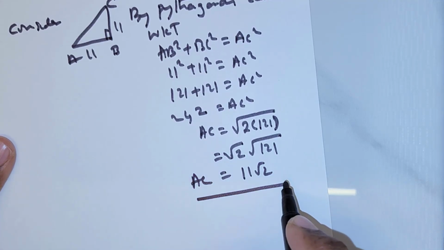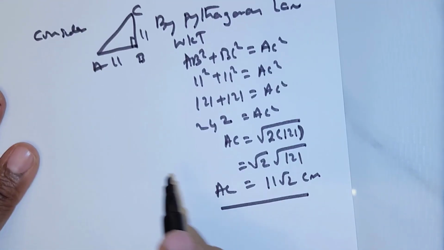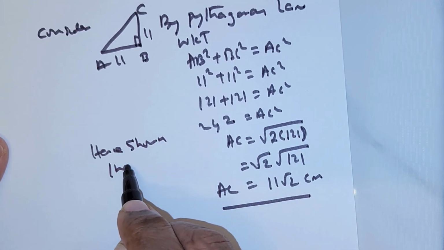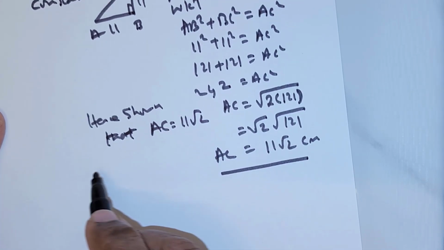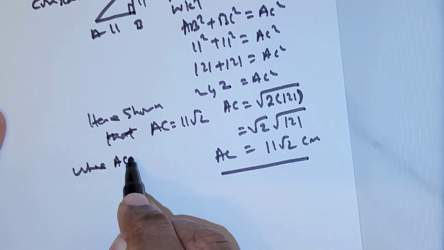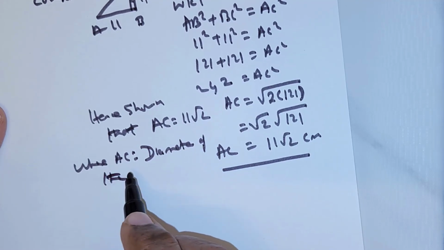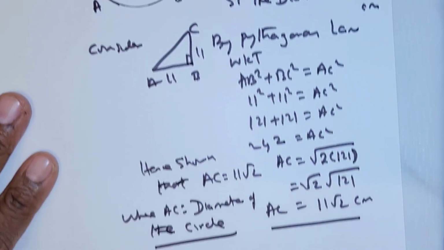And this is exactly what they are asking us to show. Hence shown that AC is equal to 11 times root 2, where AC is the diameter of the circle. Okay? So that's the solution for the question.